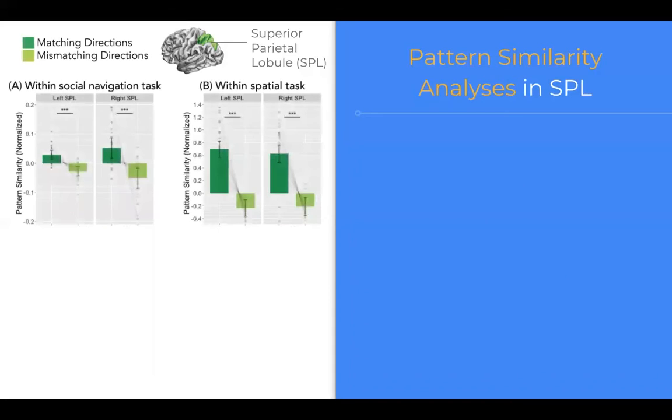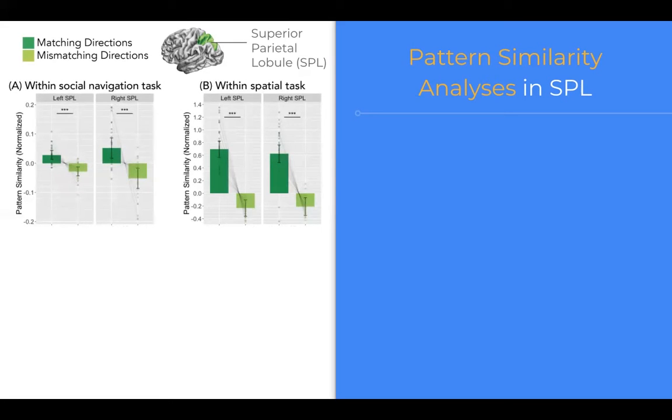In this pattern similarity analysis, we computed whether the multivoxel patterns for the same direction or matching direction of attentional shifts are more similar to each other compared to multivoxel patterns for different or mismatching directions of attentional shifts. If the multivoxel patterns in the SPL for the same direction are more similar to each other compared to different directions, then we know that the SPL encodes the direction of attentional shifts.